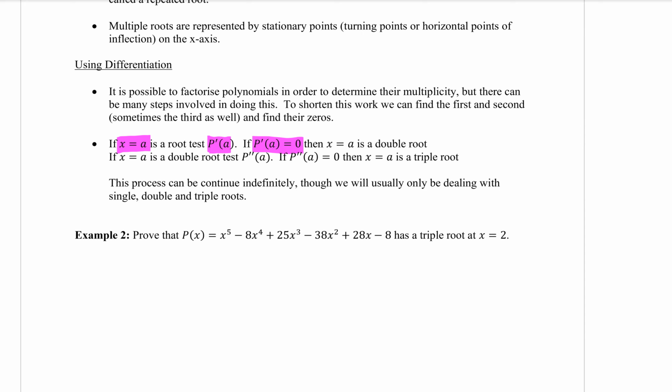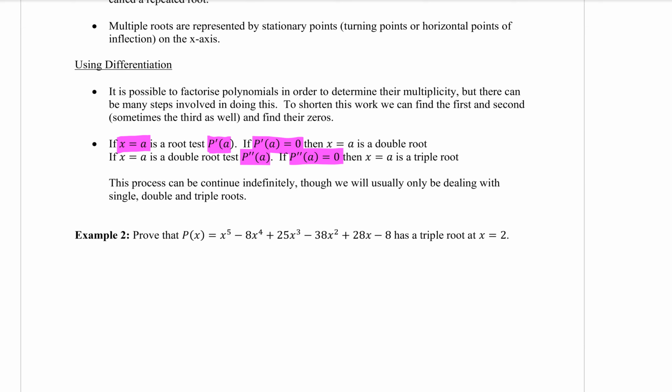If we want to test for a triple root, we would sub into the second derivative, and if that is still equal to 0, then that means it's a triple root. So every time you differentiate and it still equals 0 when you sub in, that means that it is an extra power on that bracket. This process can continue indefinitely, though we will usually only be dealing with single, double, and triple roots.